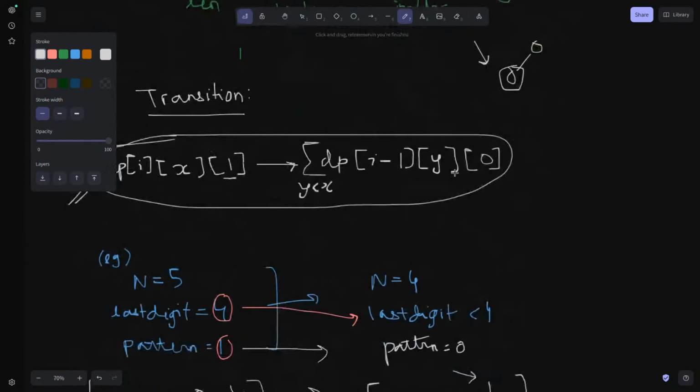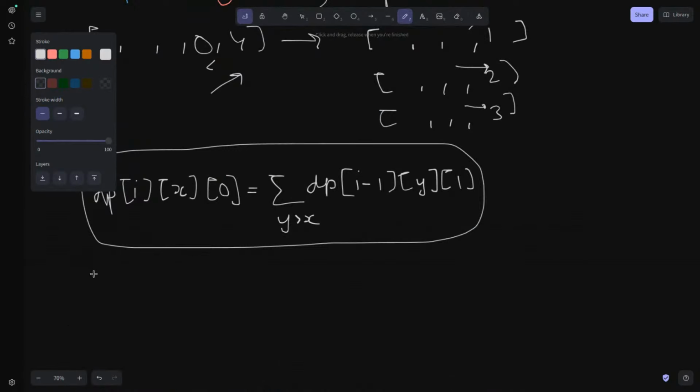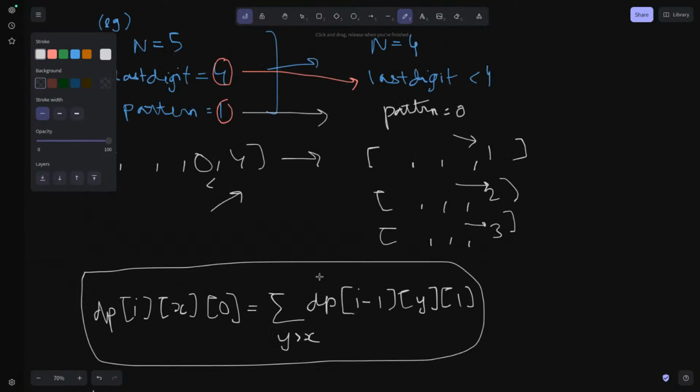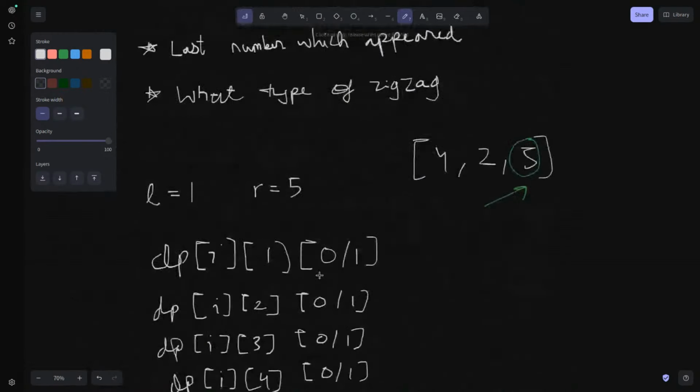Okay. So if we want to code this up directly, this will fail because this will be big O of n cubed. This solution is big O of n cubed because first there are total n square states, right?